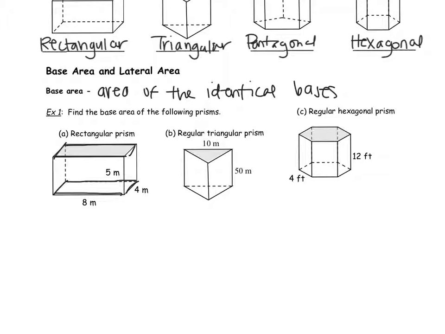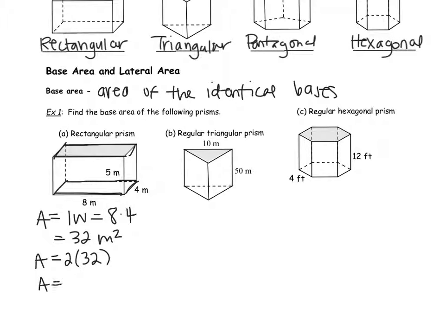The area of a rectangle is length times width, which is 8 times 4, giving us 32 meters squared. But that's just the area of one of our bases, and there are two of them. So we do 2 times 32, and the area of our bases is 64 meters squared. And because this is area, our units are square units.